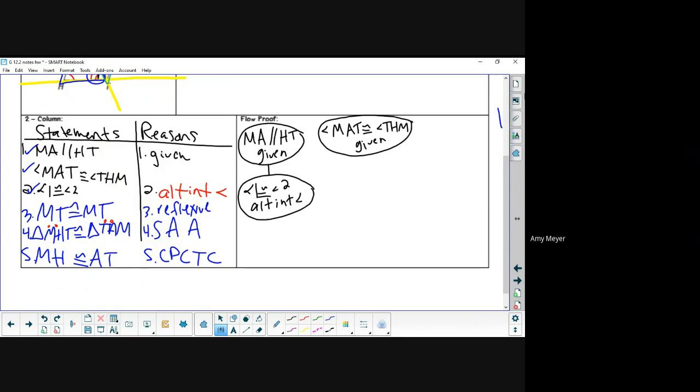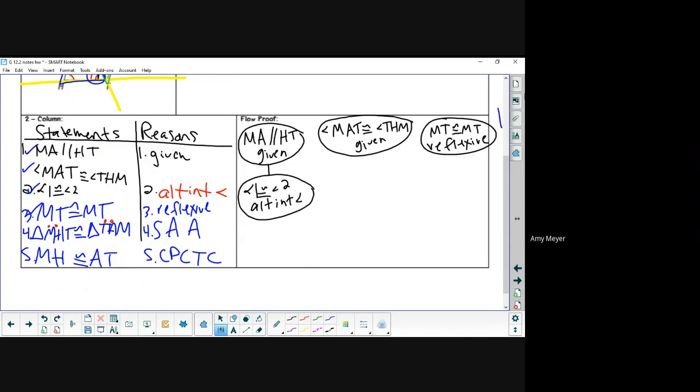So I've taken care of step 1 of my 2 columns, step 2. Step 3, that was reflexive. Reflexive had nothing to do with anything previously stated, so it just has its own bubble. Step 3 is done.